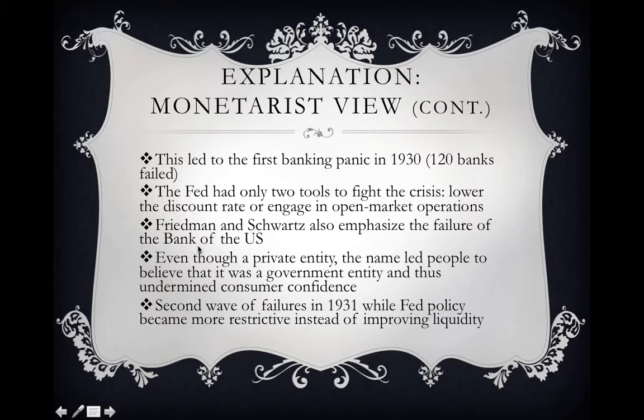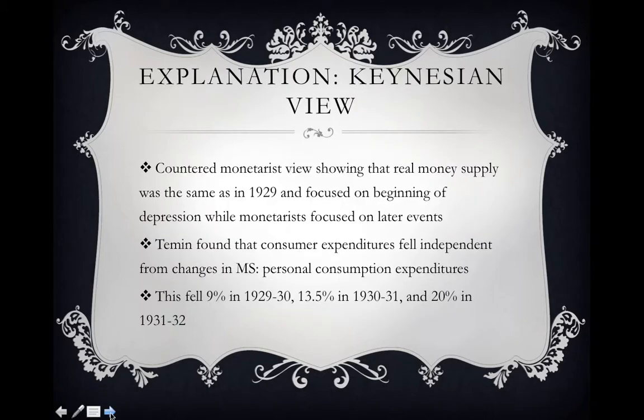And this caused people, in general, to lose faith in the banking system as a whole, because they assumed that the Bank of the United States was sponsored by the United States government, which it was not. So this undermined consumer confidence. And then we end up having a second wave of failures in 1931, which further restricted the money supply.